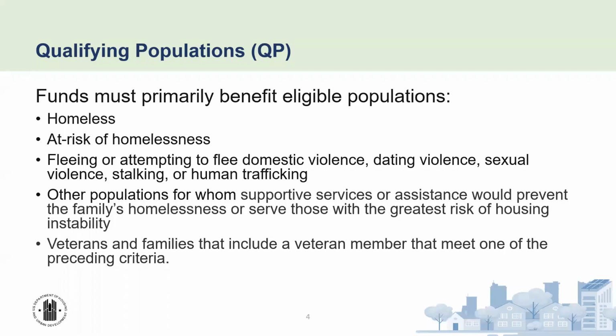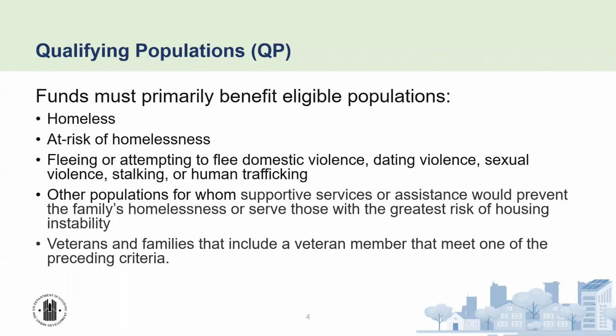The third QP is persons who are fleeing, or attempting to flee, domestic violence, dating violence, sexual assault, stalking, or human trafficking. The definition tracks the VAWA, Violence Against Women Act, definition at 24 CFR 5.2003, except that the human trafficking definition is taken from the Trafficking Victims Protection Act of 2000. The next QP is other populations where assistance would prevent the family's homelessness or serve those with the greatest risk of housing instability.